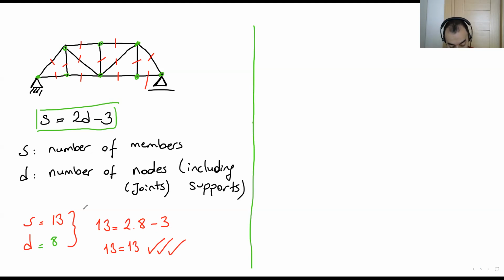Now we will start to make calculations. We have two different methods: method of joints and Ritter's method.